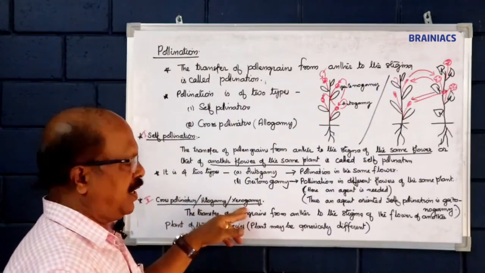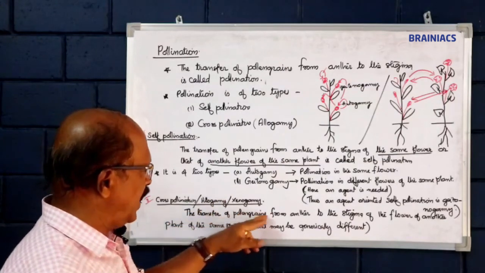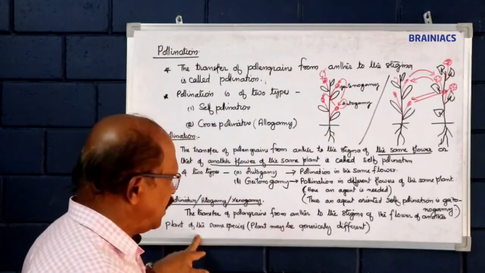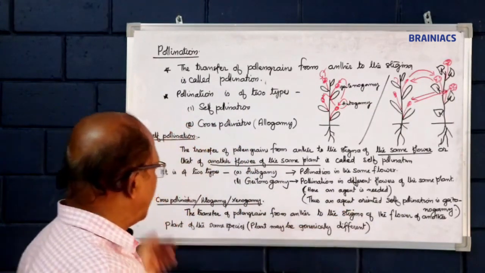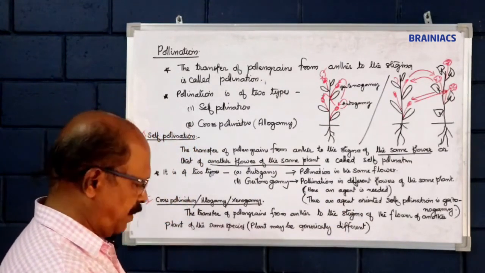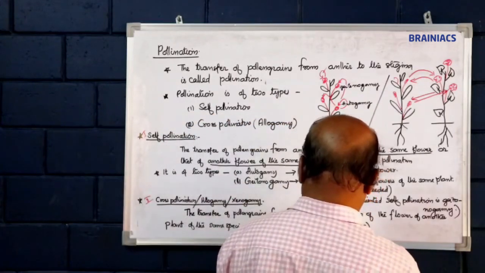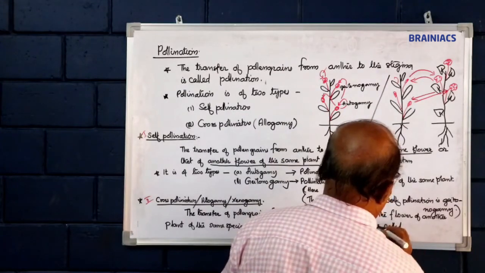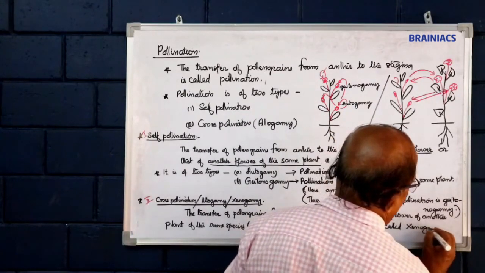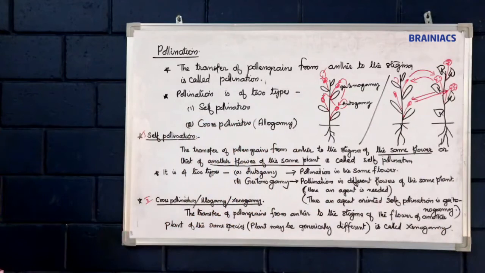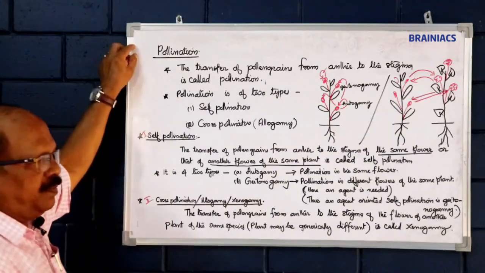Cross-pollination, allogamy or xenogamy is the transfer of pollen grains from anther to the stigma of the flower of another plant of the same species. See once again, so simple.